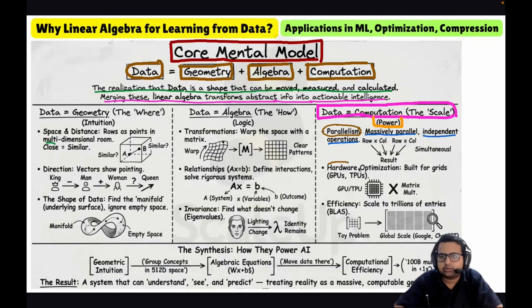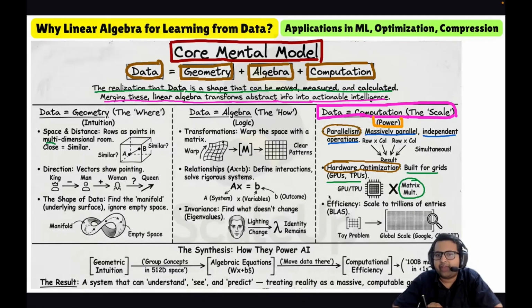Hardware optimization. Because the math is so structured, it makes use of matrices, vectors, grids of numbers. Engineers built GPUs and TPUs specifically to do nothing but matrix multiplication. So the core idea behind GPUs and TPUs is matrix multiplication. They can perform billions of simultaneous matrix multiplications.